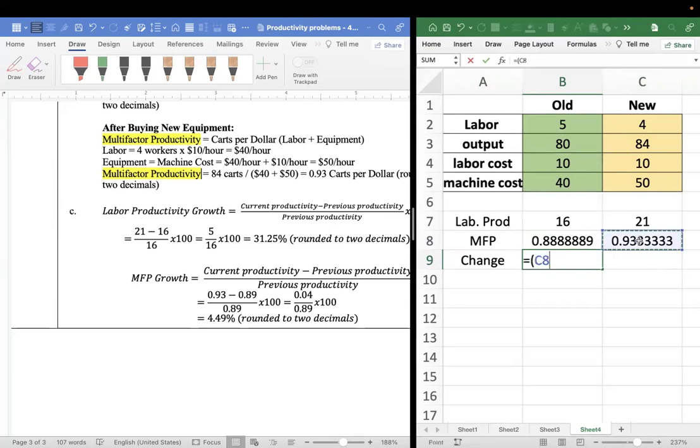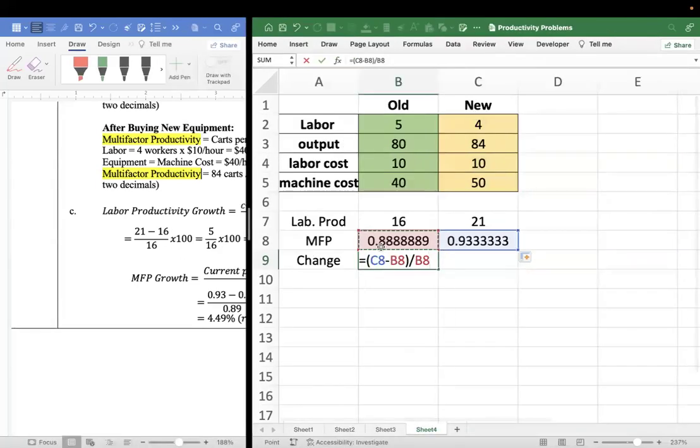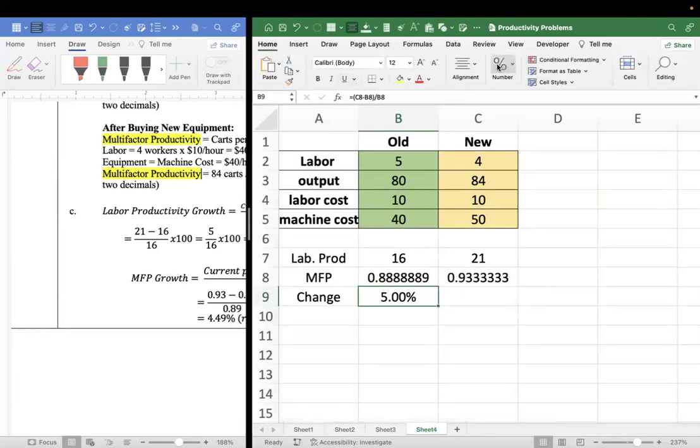So that's current productivity minus old productivity, and that's previous productivity. And then I'm going to divide it by previous productivity. And that would give me the change or delta in productivity. So if I hit enter, it gives me 5% or something close to 5.